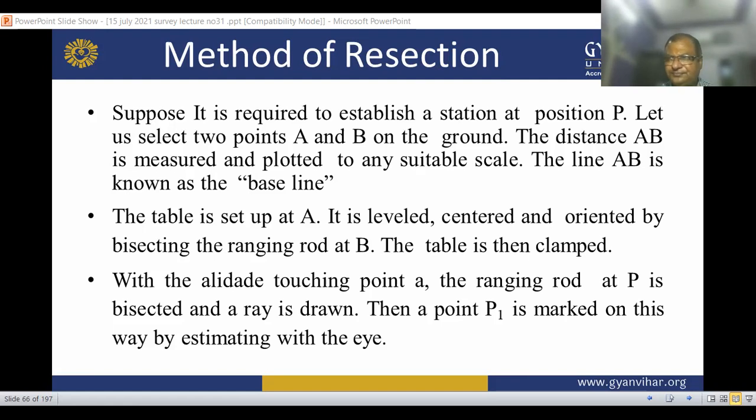The table is set up at A, and it is centered and oriented by sighting the ranging rod at B. The table is clamped, and with the alidade touching point A, the ranging rod at P is bisected and the ray is drawn. Then a point P1 is marked on the ray by estimating with the eye.